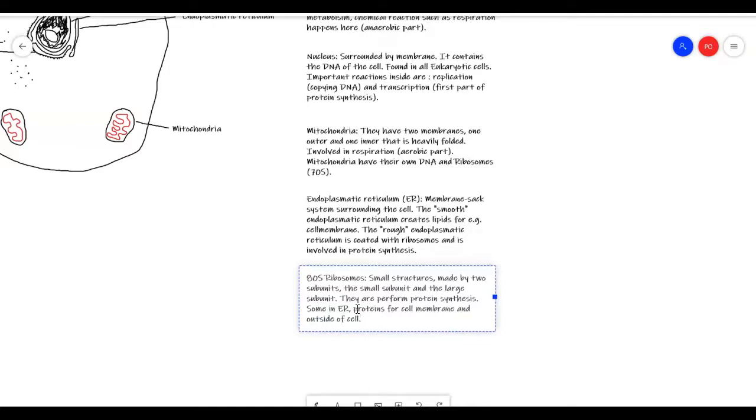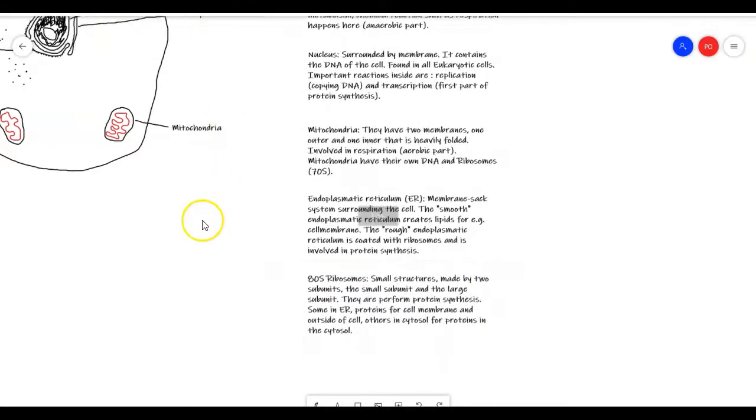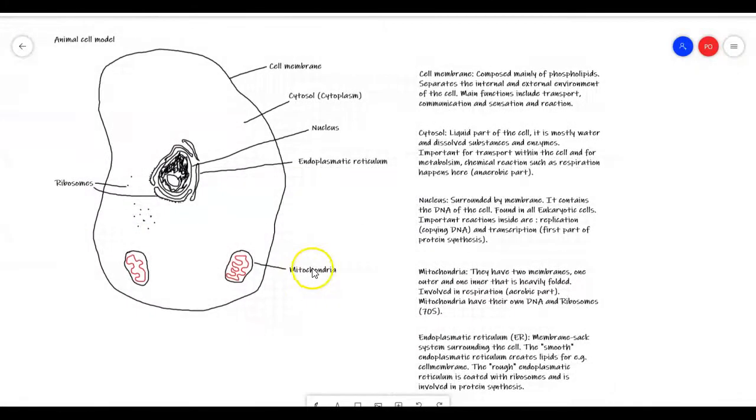So cells generate proteins that are either bound in the membrane or secreted out of the cell, and some ribosomes are instead in the cytosol, for generating proteins and enzymes inside the cytosol. So others in the cytosol for proteins in the cytosol.